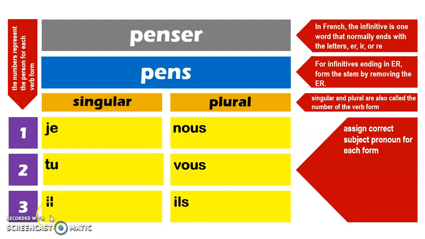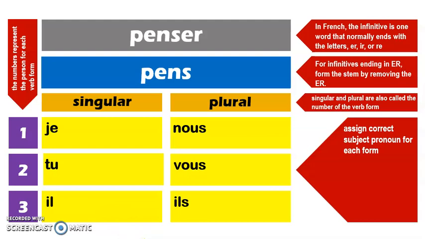So you have il or elle, he or she. And then third person plural is ils with an S, and you could also have elles with an S, which means they. Because when you talk about someone, you either use the words he or she. In the plural, you use the word they. So we've got all our subject pronouns set up.